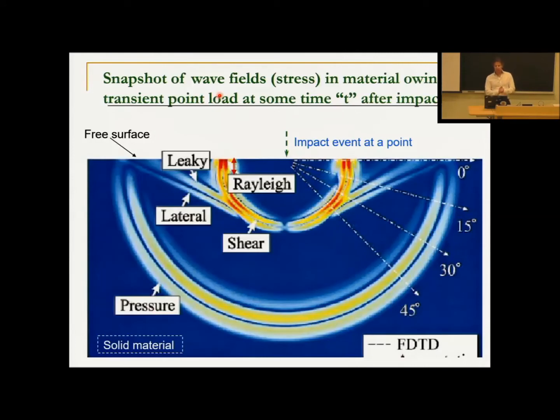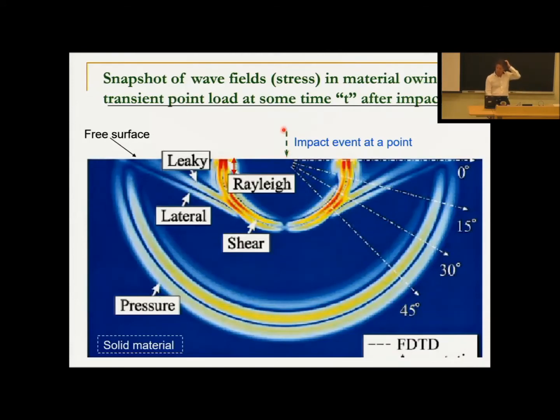To give an idea of what a surface wave cross-section looks like, I've asked you to look at this simulation of a stress field, which is subjected to a point impact here at a certain time. We wait a few microseconds and we take a snapshot of the stress field that results.